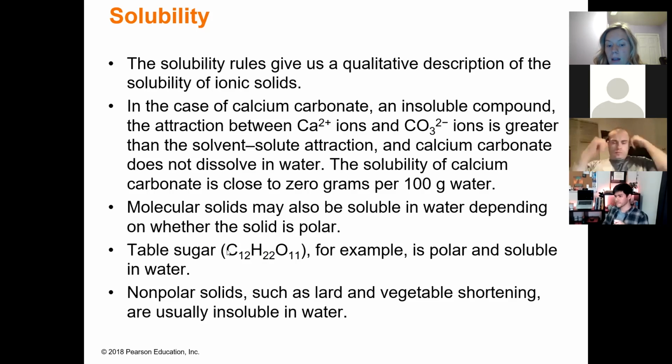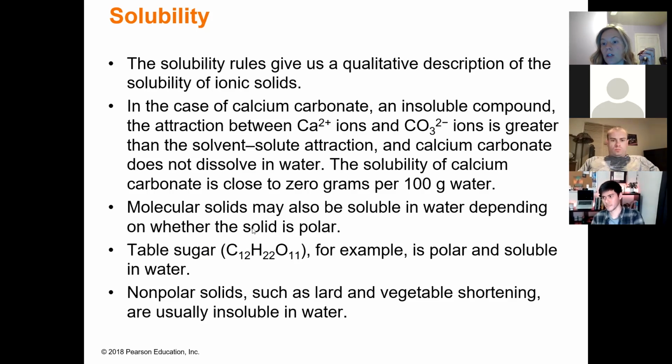There's no metal non-metal charge thing here, it's just a molecule. This is polar, so it will dissolve in a polar molecule, but this thing doesn't break apart into ions. It just breaks apart into its simplest molecule. So each adjacent molecule breaks apart, but the molecules themselves stay as packets. Non-polar solids like lard and vegetable shortening will not dissolve.